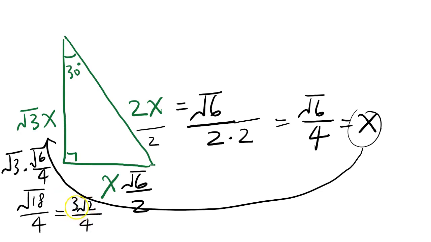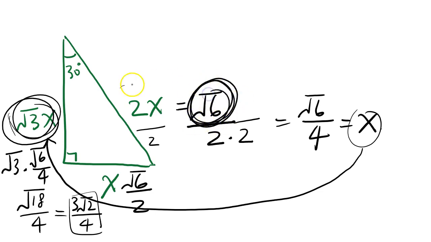Let me check if it's true. If I multiply this back in, it would be 2 times 9. Yes, so this would be the answer for this side, which is the adjacent side. And this was given, one of the conditions, the hypotenuse. And we found that the opposite side is just root 6 over 2.